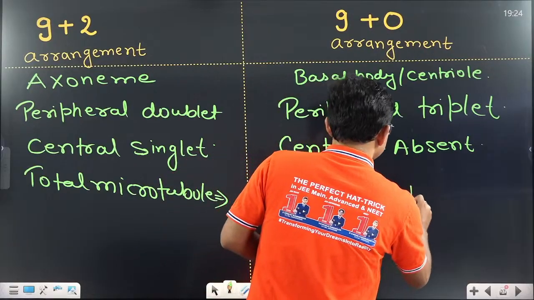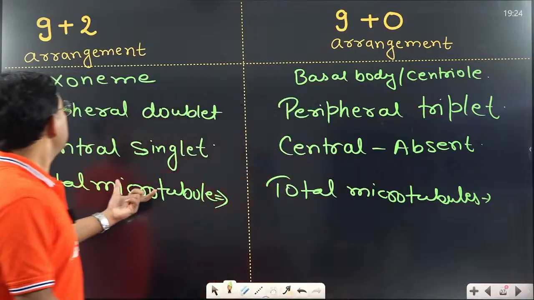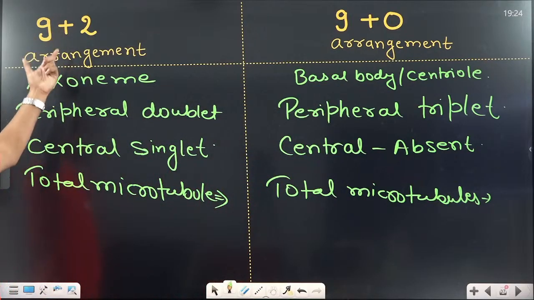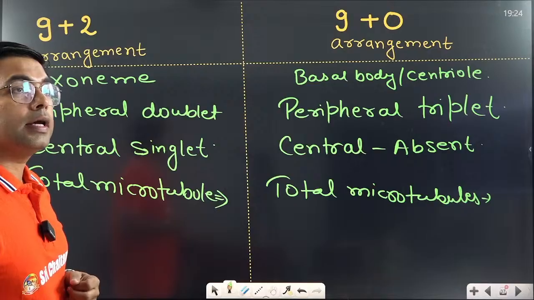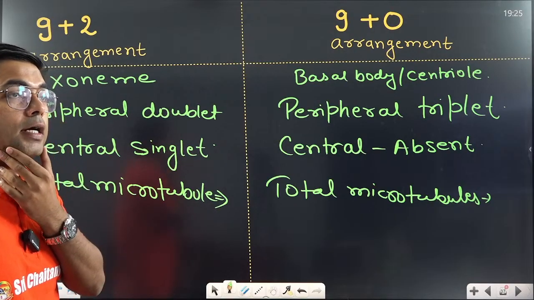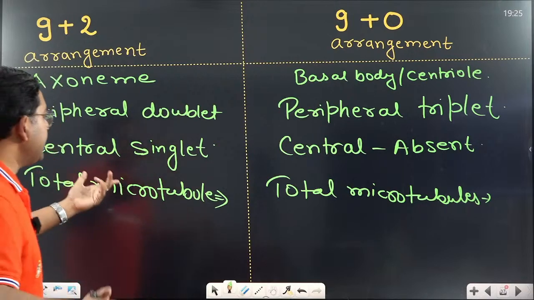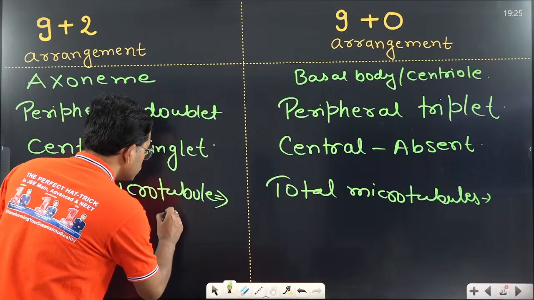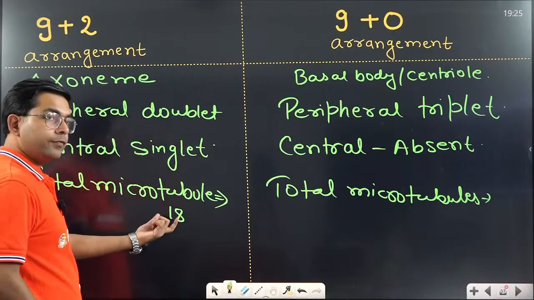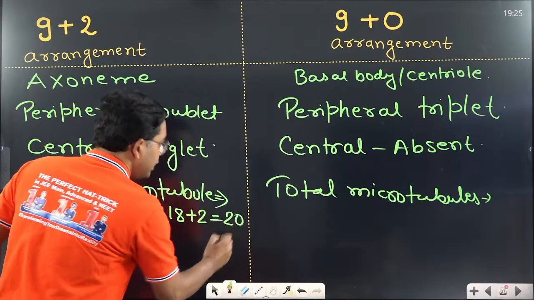First tell me total microtubule in 9+2. Chandrika, Chetna, Geeta, very good. You are telling 20. So 18 are peripheral and 2 are central, so it will become 20.